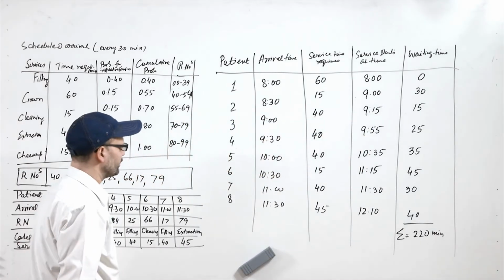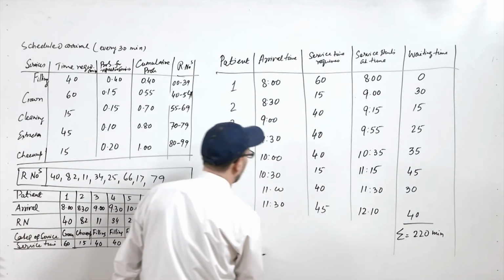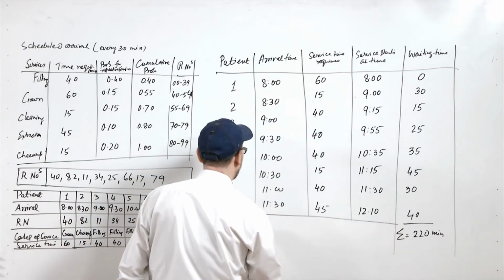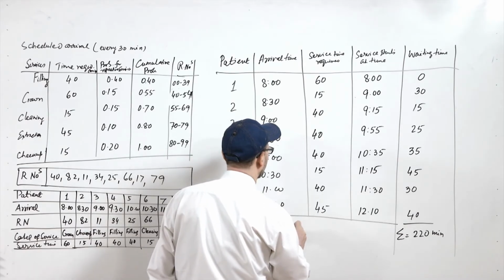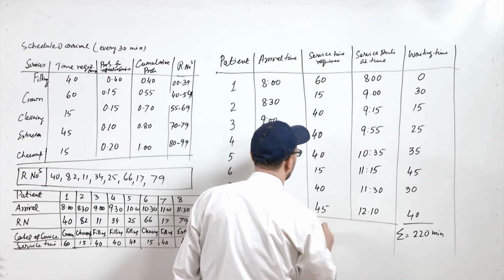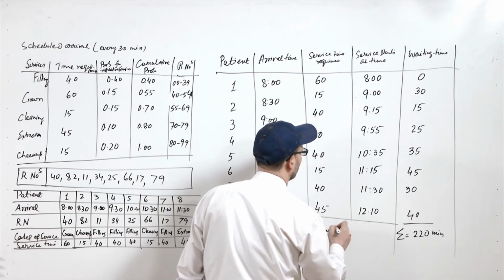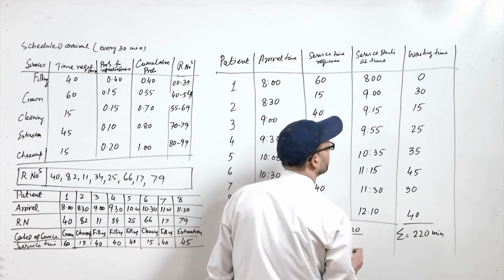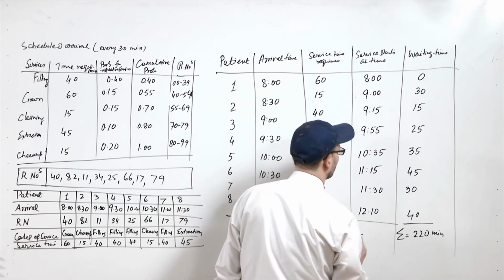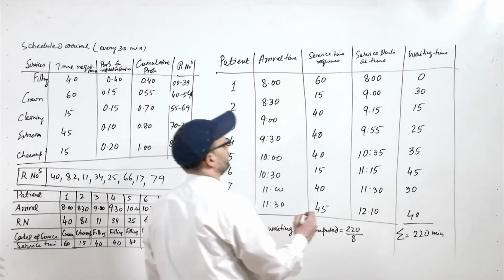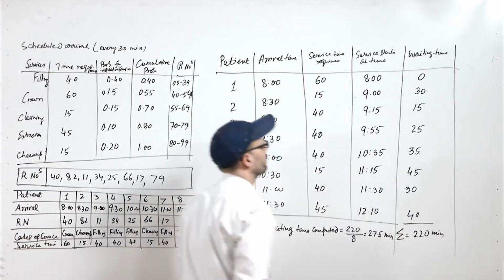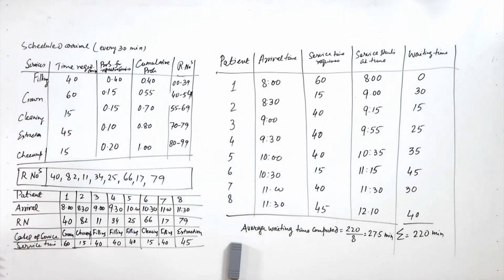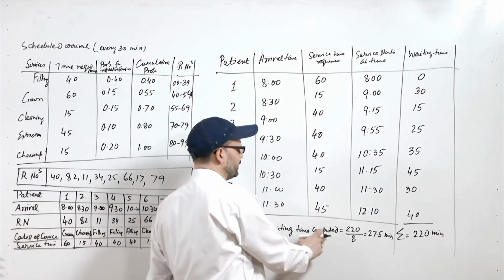So, the average waiting time can be computed as 220 divided by 8. So, it will be 27.5 minutes. This is how, when you are given the sequence of random numbers, you can calculate the average waiting time.